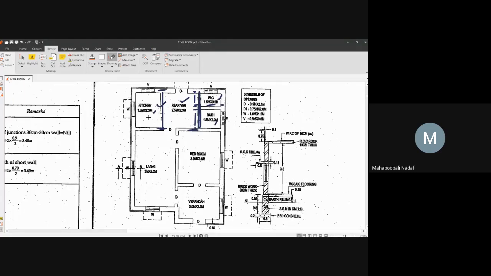Next, we will go for kitchen and rear veranda plus bathroom, bedroom, living. All these things, how much? Total addition. Whatever we have calculated, the 20 centimeter walls.